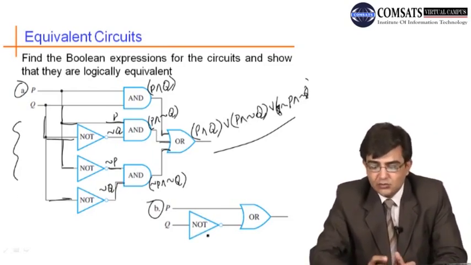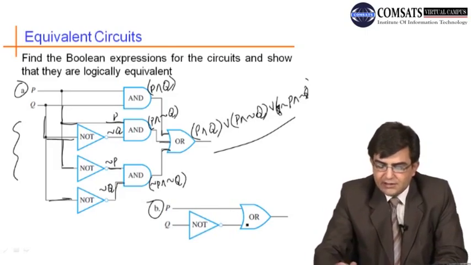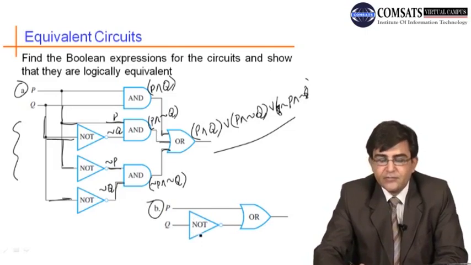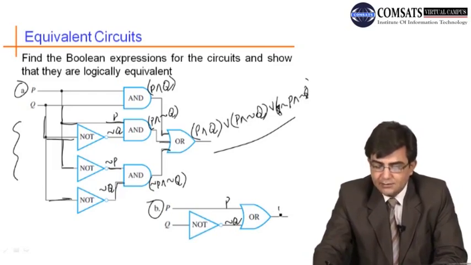You can see that this is a very long Boolean expression. For the circuit on the other side, we have one logic gate and another NOT gate. So here we have not Q, here we have P. The output of this circuit is P and not Q.